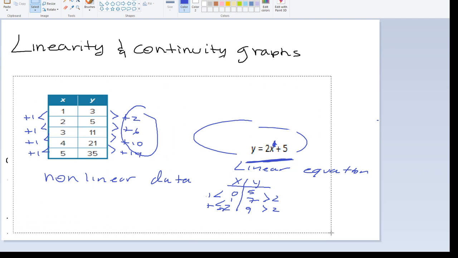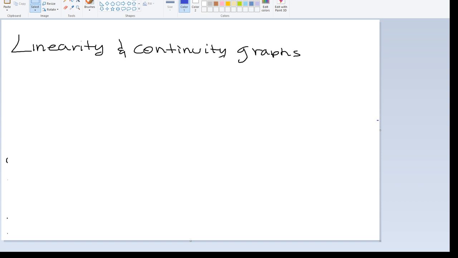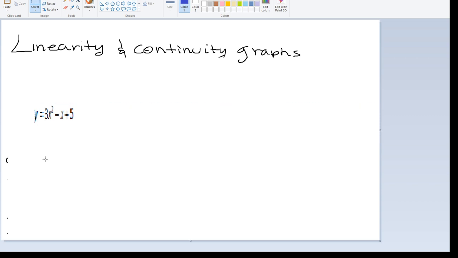There are times when the data or the equation is not linear. Let me find one example that shows when this is not linear. If I consider this equation, here I have y equals 3x squared minus x plus 5.